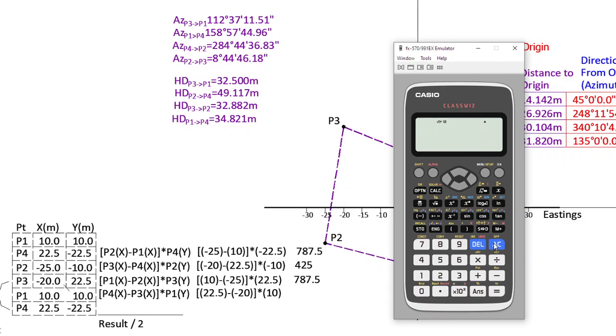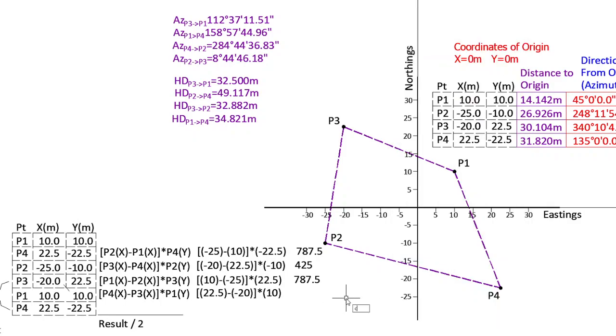And then finally, I have bracket, 22.5, close bracket, minus, open bracket, minus 20, close, times 10. And then I have 425 again.